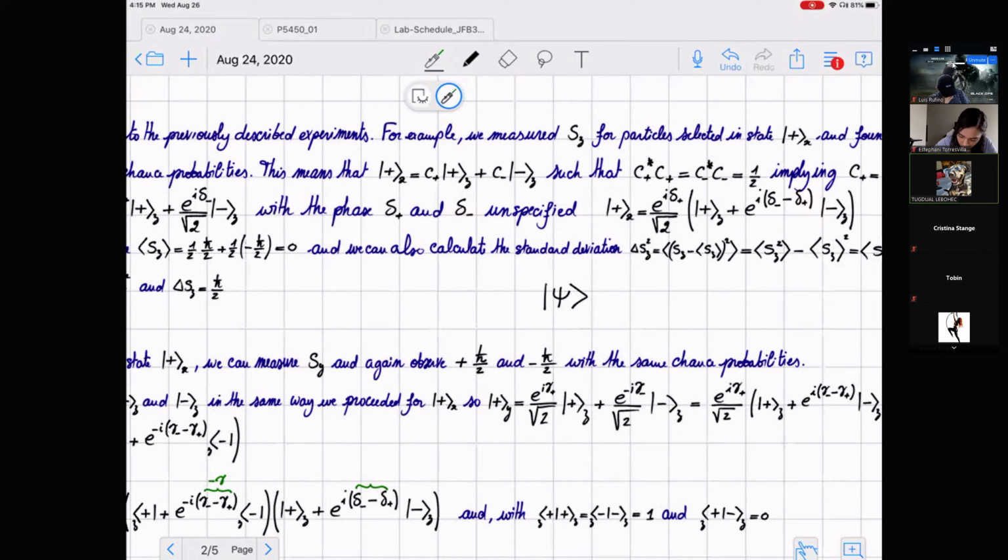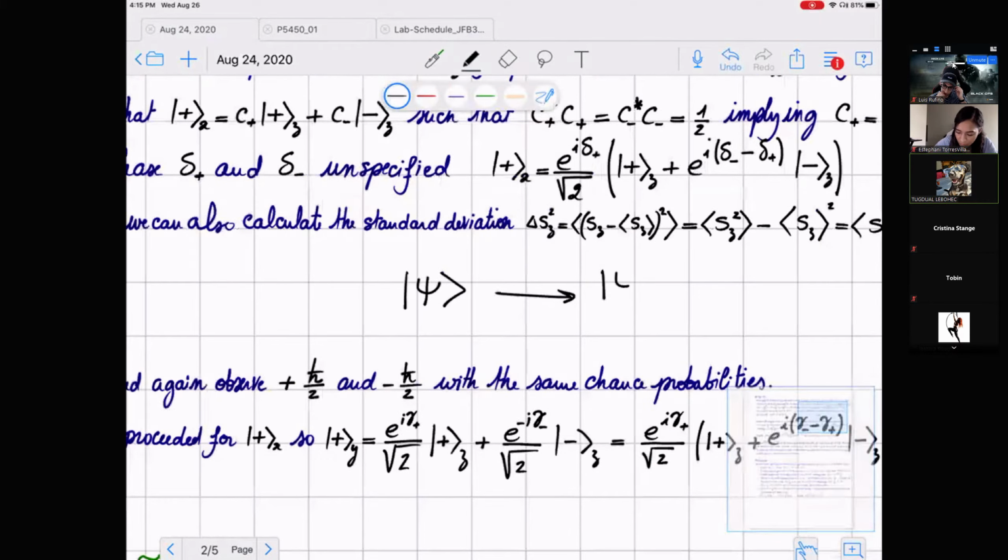And then I could change this state to another one, psi prime, which is exponent i alpha, some angle, times psi.